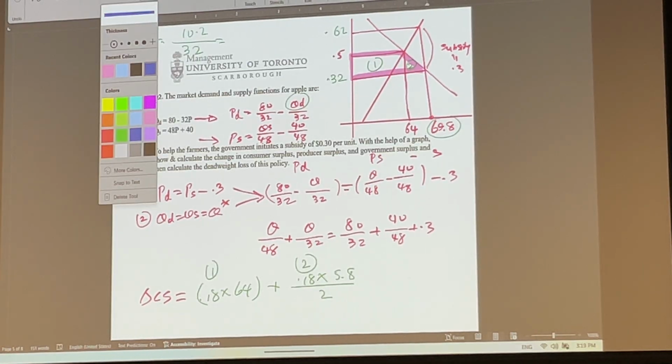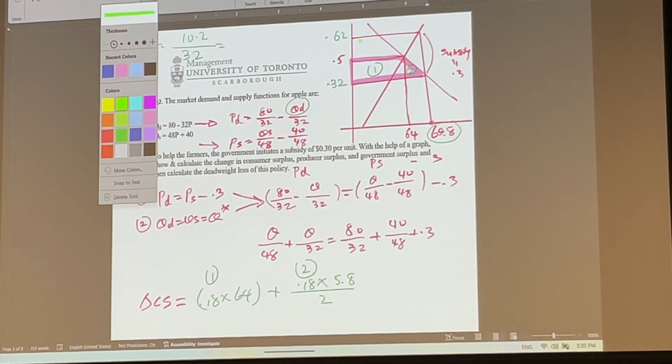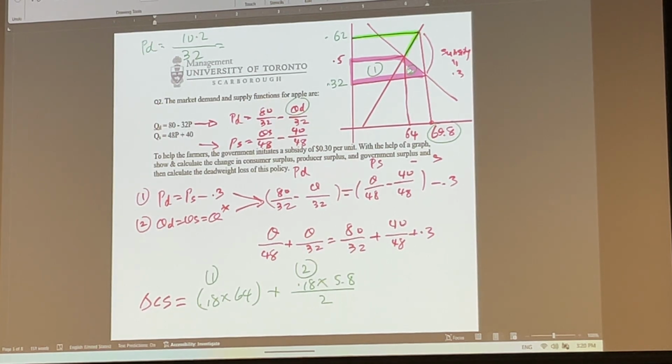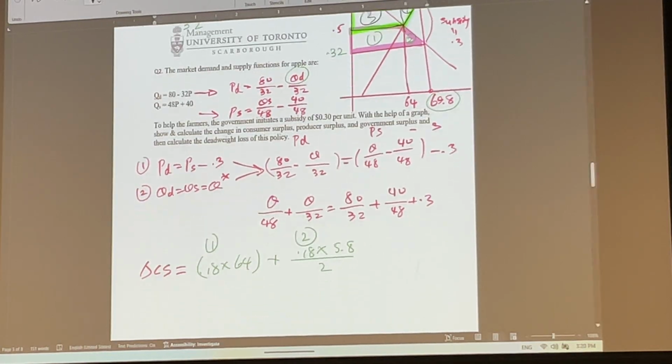Producer surplus was this before. Now it becomes this. So the producer gains the upper area, which is this one. Again, we split it in two. Let's call this 3 and this 4. That would be easier to solve.